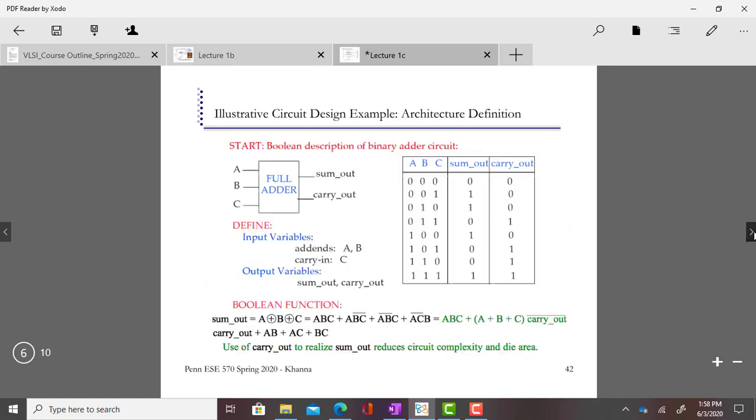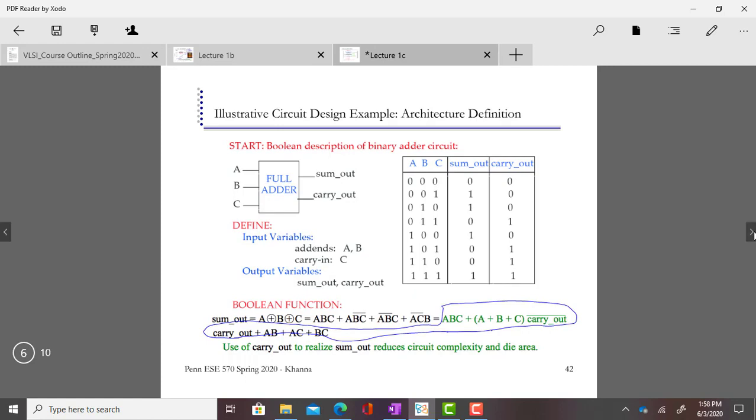Again, this is the architectural definition of the equation. We can design the adder also like this. This equation for sum can be optimized like this one.